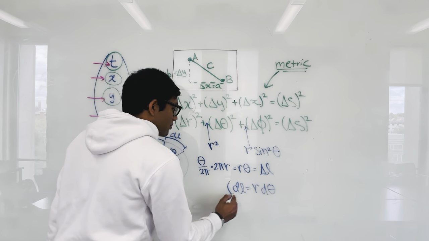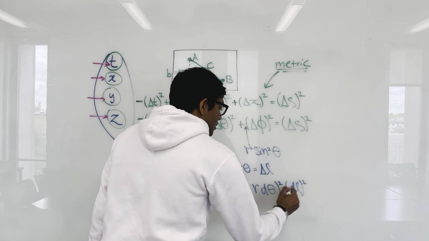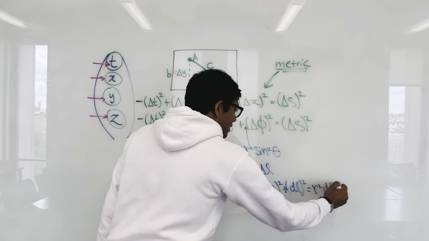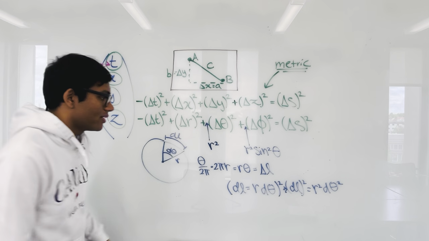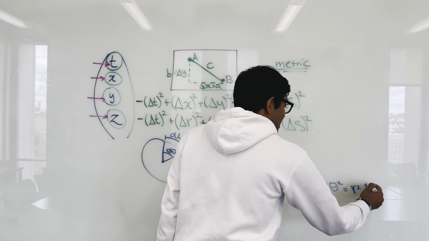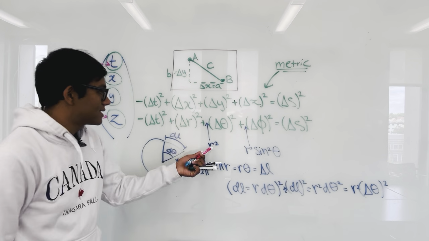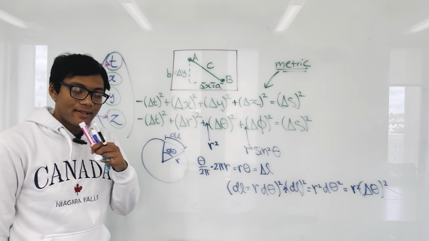So now if I square both sides, I get that dl squared is equal to r squared d theta squared. So now notice that's exactly what I have here. If I just replace d theta by delta theta, they mean the same thing, then r squared delta theta squared is exactly what I have for this theta term of my metric here.